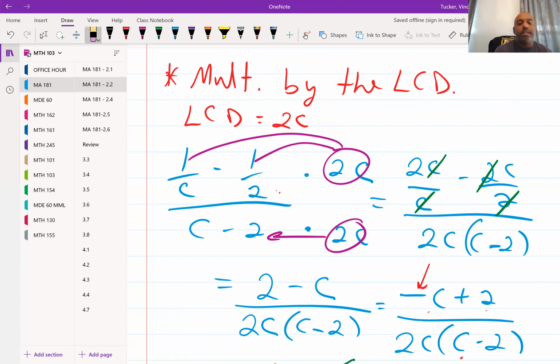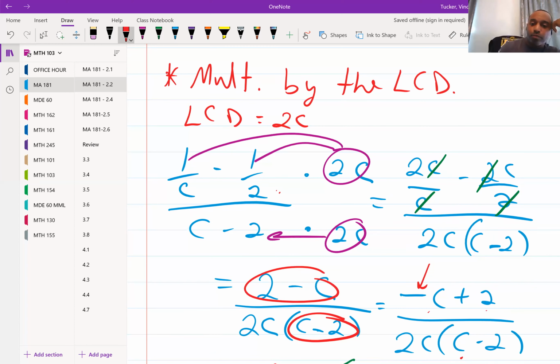And what I have is 2 minus c over 2c times c minus 2. All right. So what we can do now is recognize that there is a relationship here between 2 minus c and c minus 2.